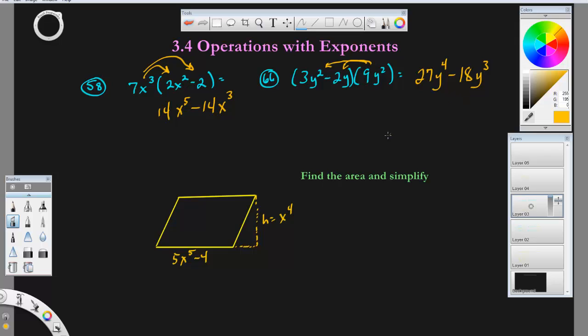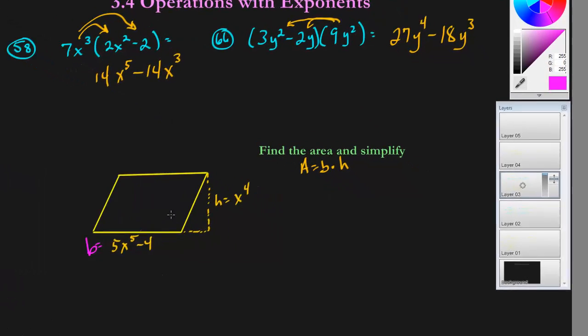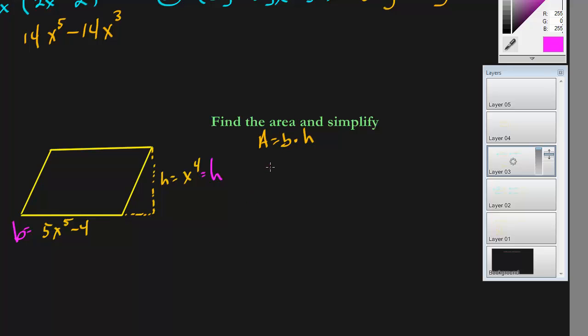All right, now, two geometry problems. First, you've got to find the area and simplify. If we're finding the area of a parallelogram, that is base times height. This here could be the base, and this could be the height. So the area equals 5x to the fifth minus 4 times x to the fourth.